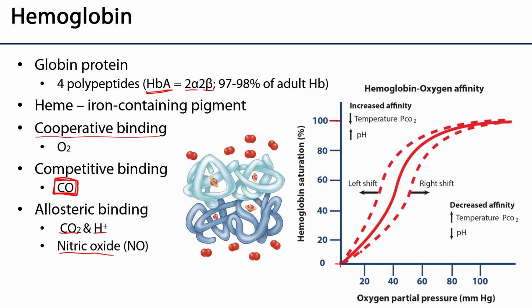So as we can see here, we have a nice sigmoidal curve, or S-curve. And so just to plot some numbers on here, let's say at about 104 millimeters of mercury, partial pressure of oxygen, if we take this all the way to the top, we'll see that we are close to 100%. We're probably at about 98, 99% saturation there.